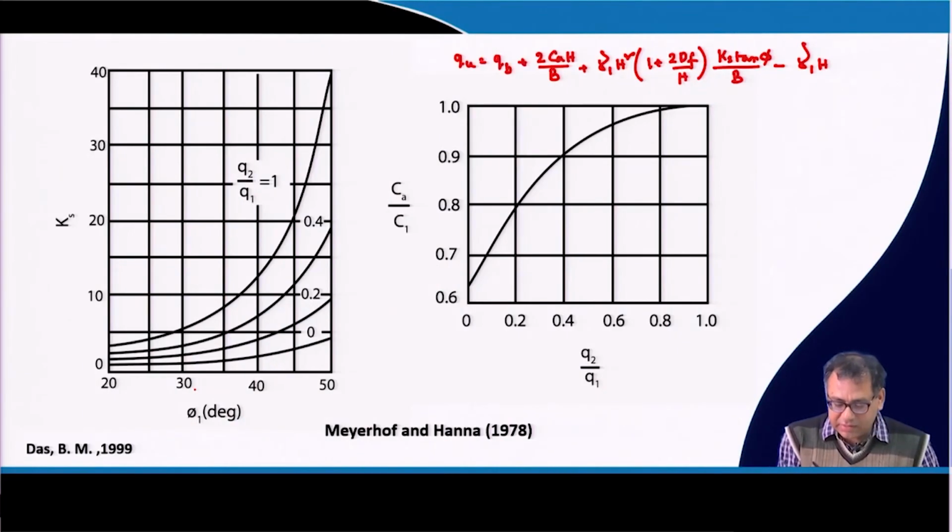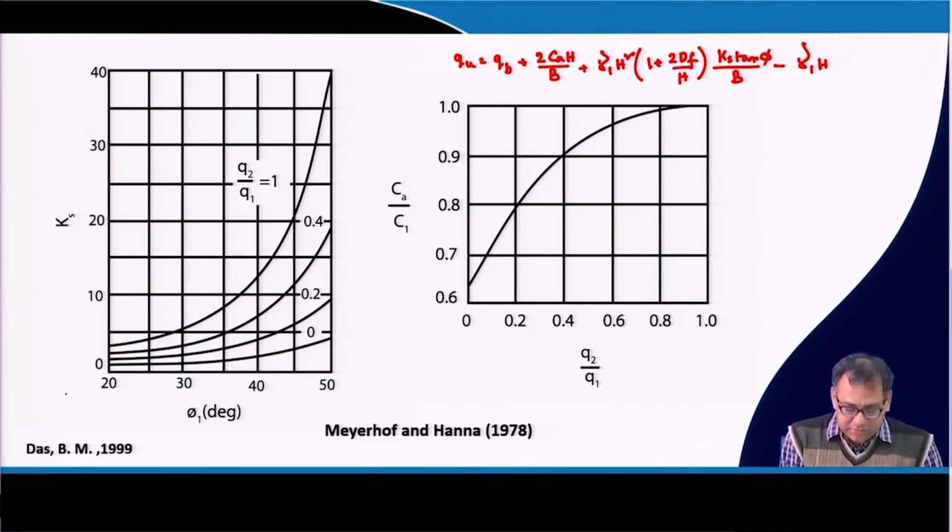So, I will get Q1 and Q2, and this Q2 by Q1 is 1, 0.4, 0.2 and 0, and as the upper layer is the stronger layer, that means definitely Q2 should be equal to or less than Q1. So, that is why this Q2 by Q1 is equal to or less than 1.